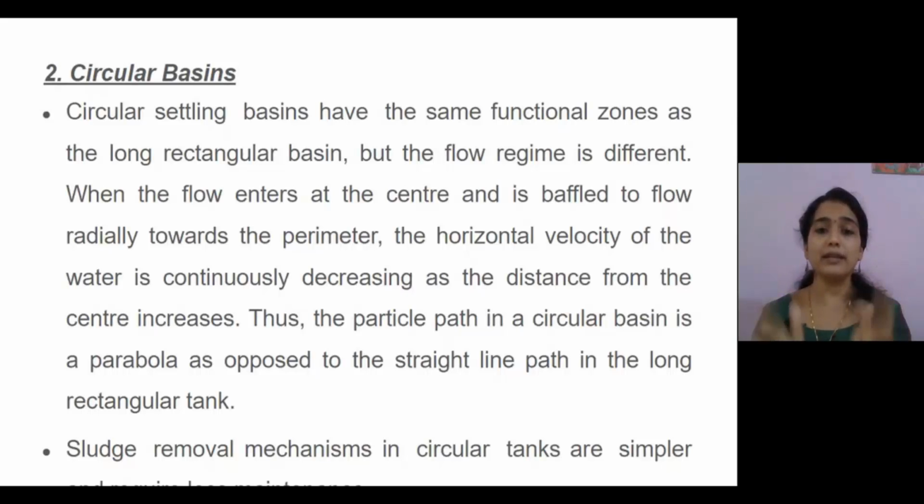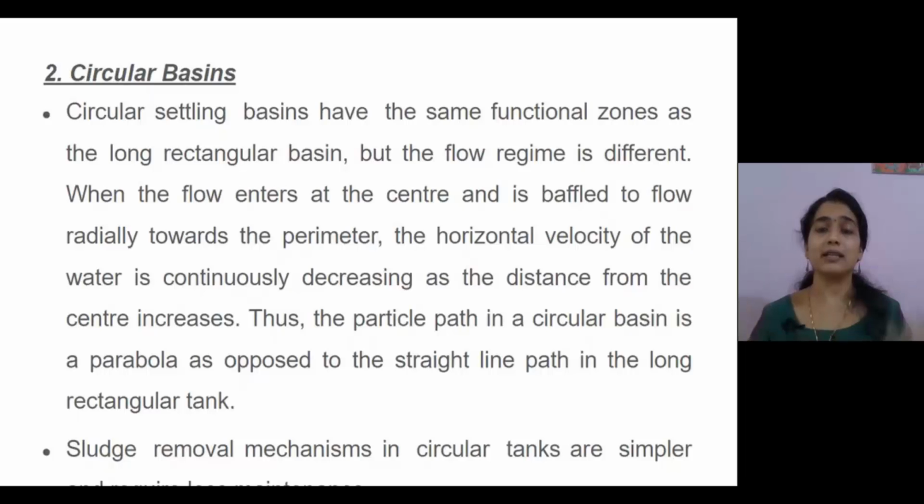When the flow enters at the center and is baffled to flow radially towards the perimeter, the horizontal velocity of the water is continuously decreasing as the distance from the center increases. Due to this decrease in velocity, the particles will settle down at the bottom of the circular basin.